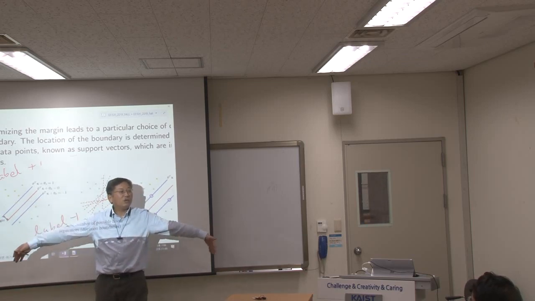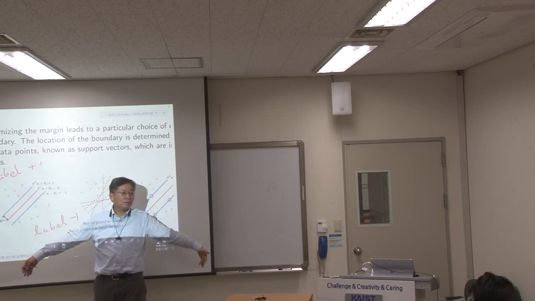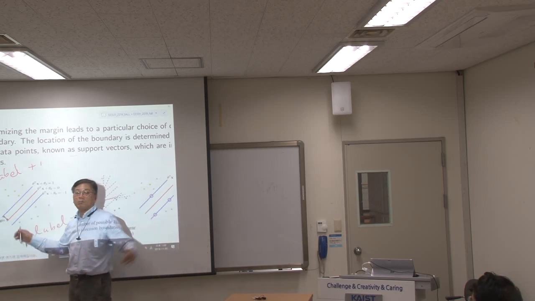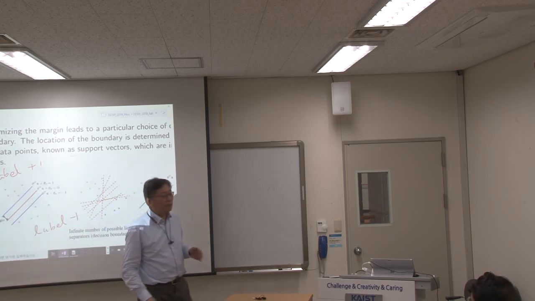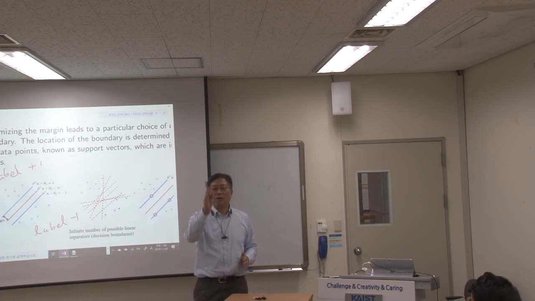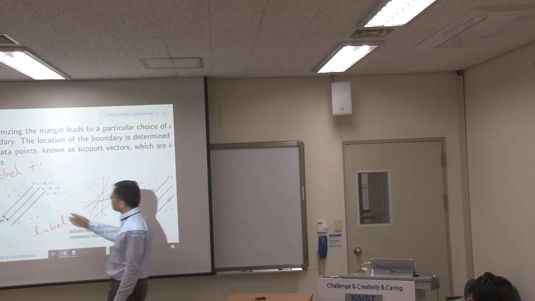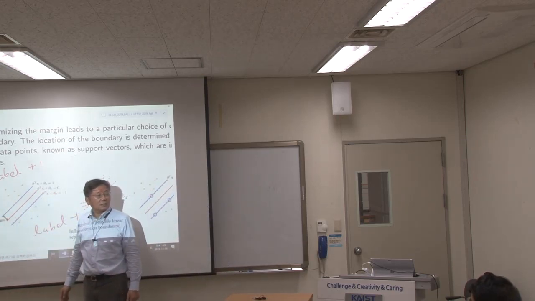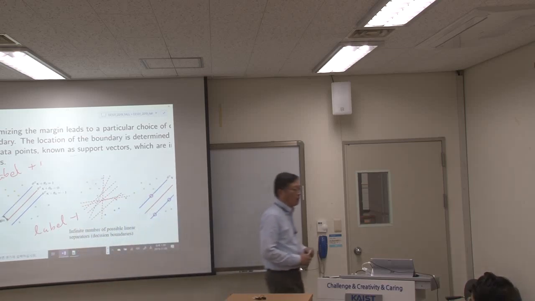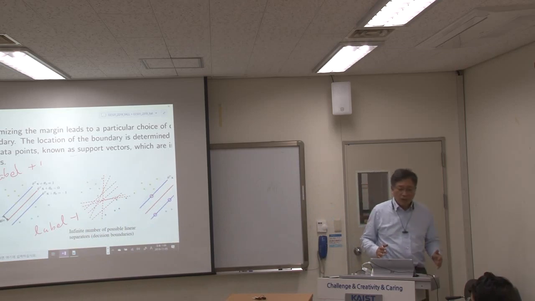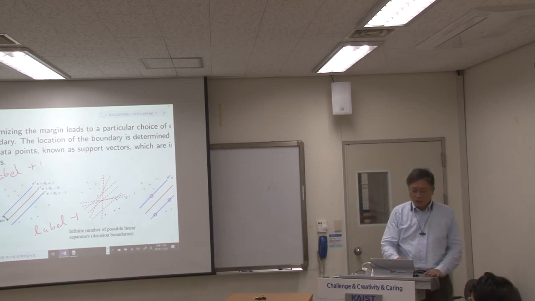So I want a really wide road. That would depend on where the decision boundary is, right? The decision boundary would be the center of that road. Understand that? And the width of this road is called the margin.